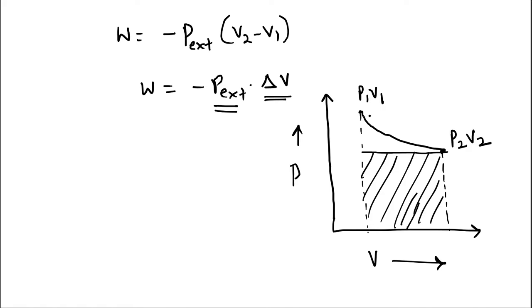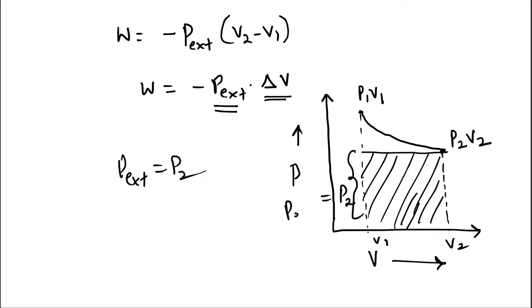Why? The system is expanding always against the external pressure, that is P2. We know P external is P2. So against the external pressure of P2, how much is the volume change? Delta V. Now this is P external, P2.